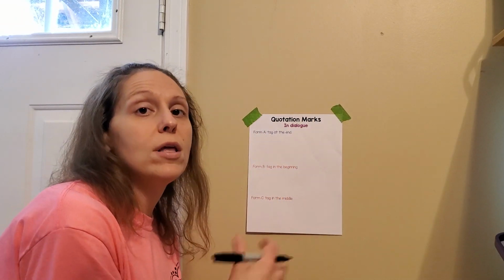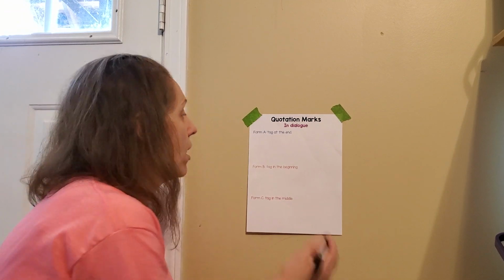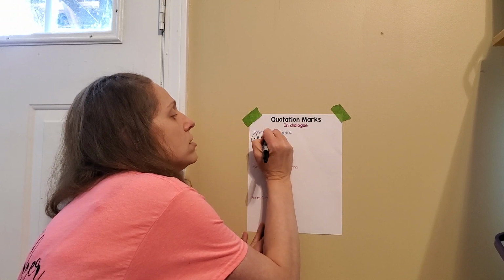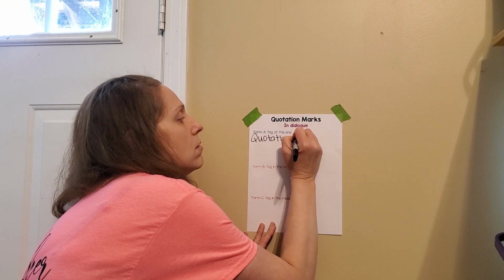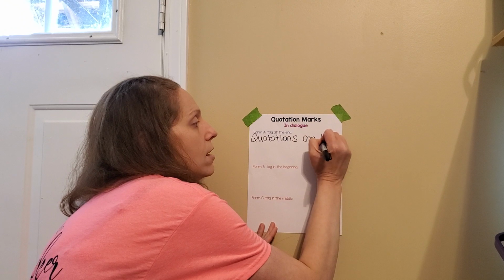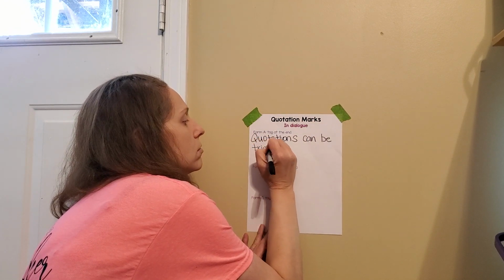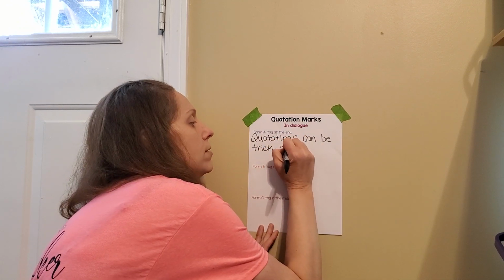Our first sentence has the tag coming at the end, so we learn who is talking at the end of the sentence. Our sentence is: Quotations can be tricky, remarked John.